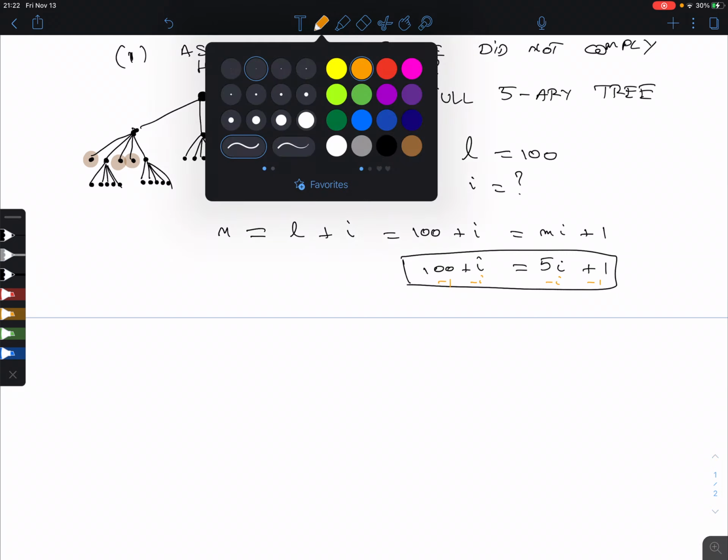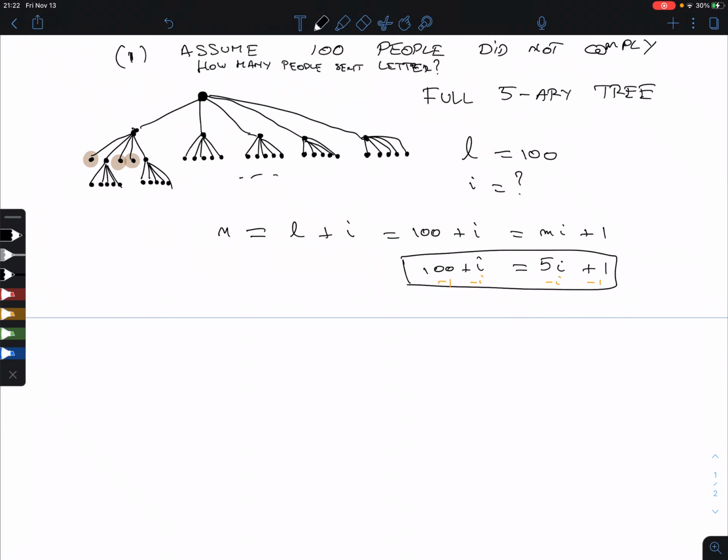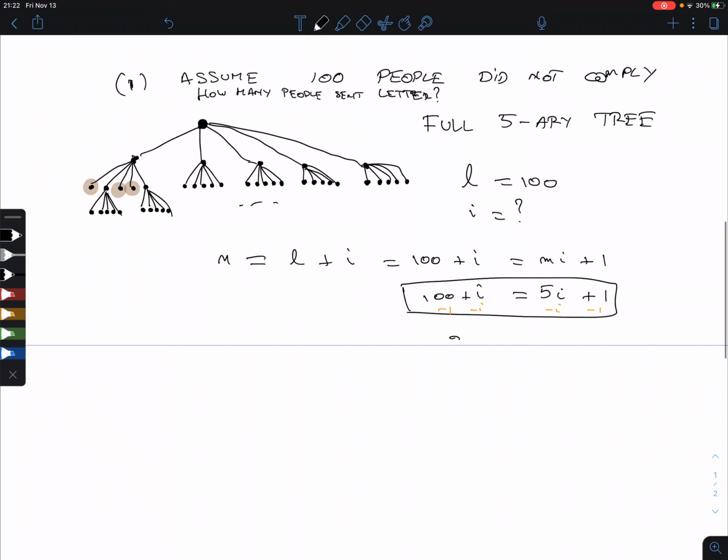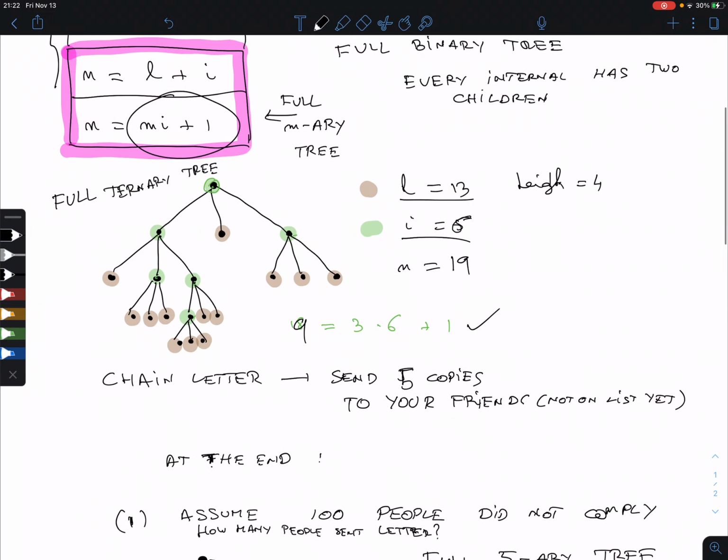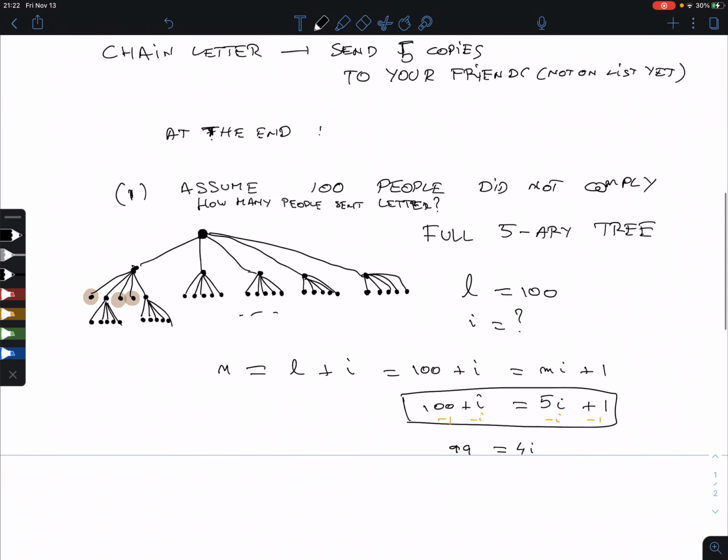So on the right hand side, I have 99 is equal to 4I. Okay, so what did I write wrong here? 5I plus 1 is n.